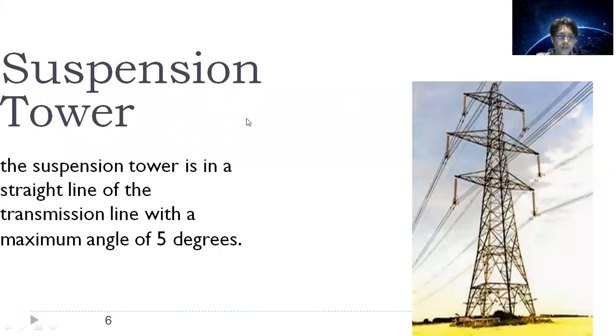Next, suspension tower. The suspension tower is in a straight line of the transmission line with a maximum angle of 5 degrees. What we will discuss today refers more to the suspension tower.